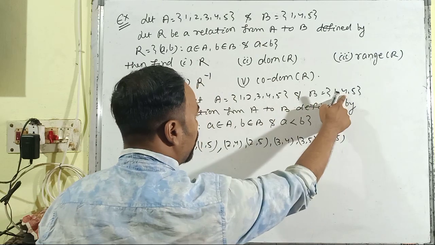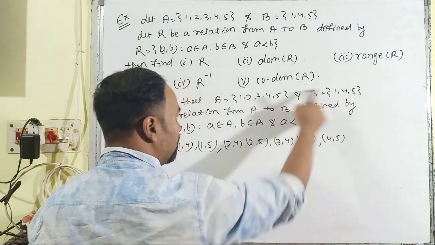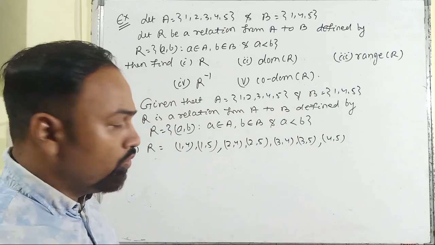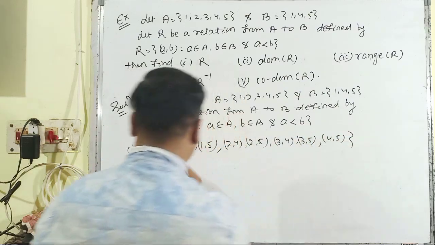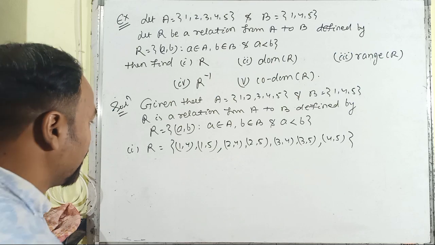You cannot consider (4, 4) because 4 is equal to 4. You cannot consider (4, 1) because it is greater than. We just have to consider such order pairs in which the first component must be less than the second component. So these are all the possible order pairs that can be placed in the relation R.